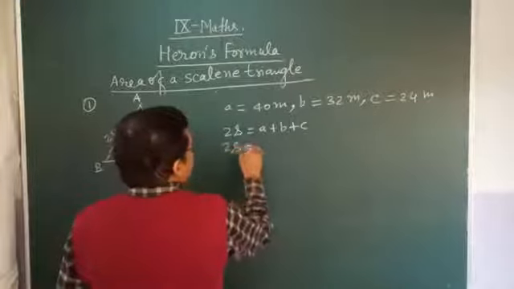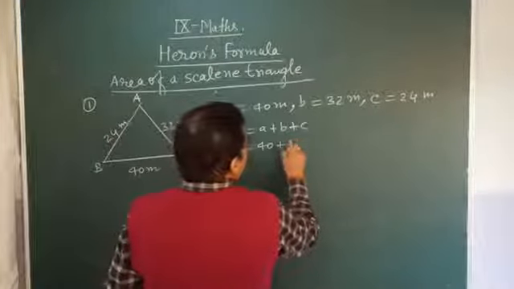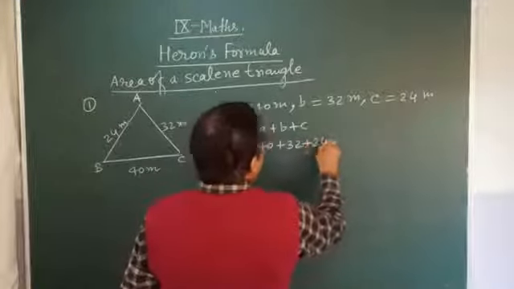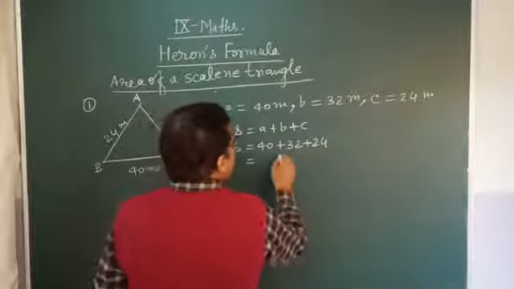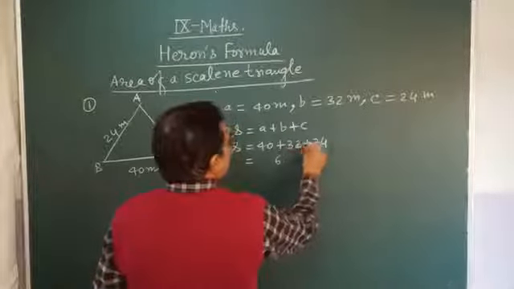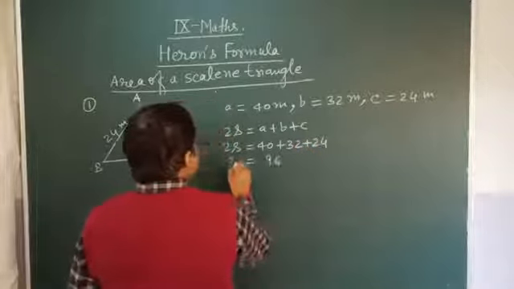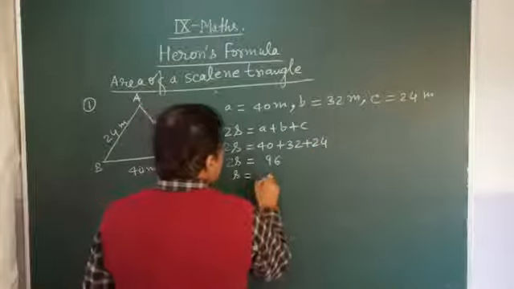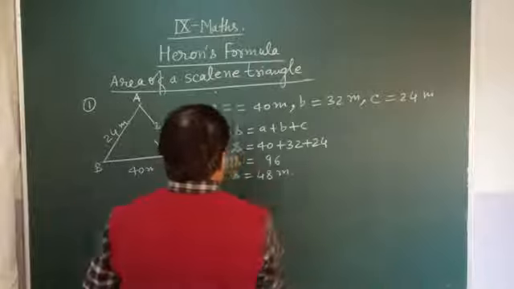So 2s becomes 40 plus 32 plus 24, which is 96. 2s equal to 96, s equal to 48 meter.